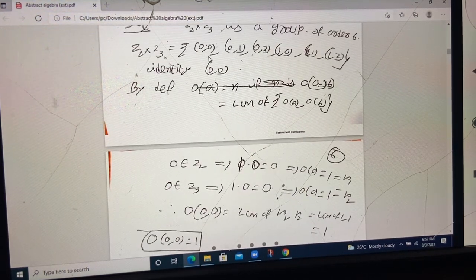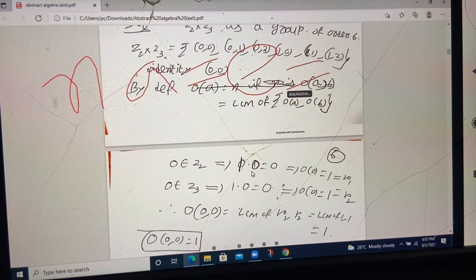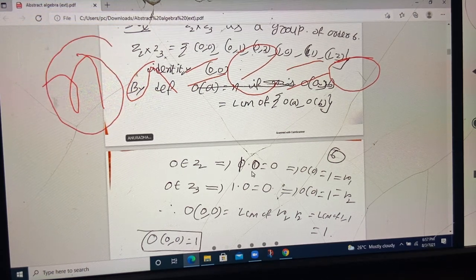First let us find it for (0, 0). What is the order of 0? It is under addition, so n into a. What is meant by order? If n into a is equal to e, the identity, which is 0, and n is the least positive integer for which n into a is e, then the order of a is said to be n.